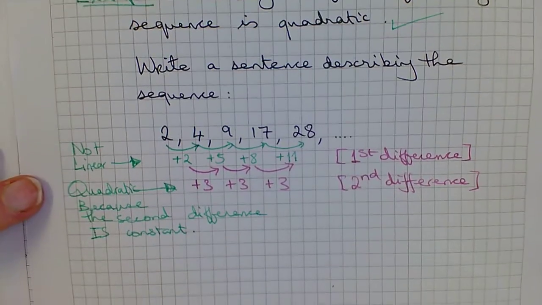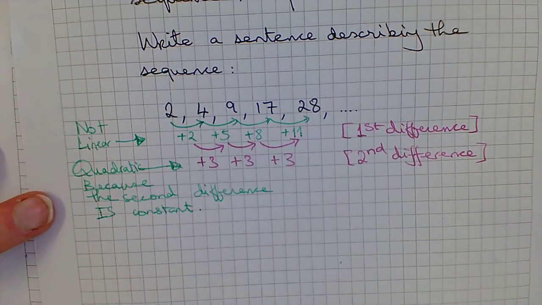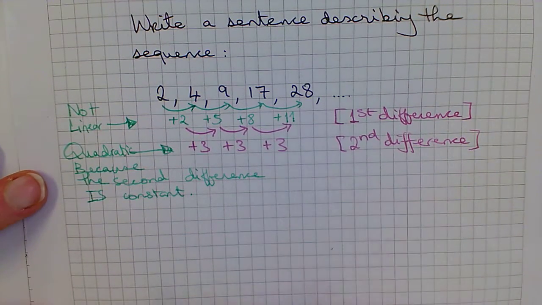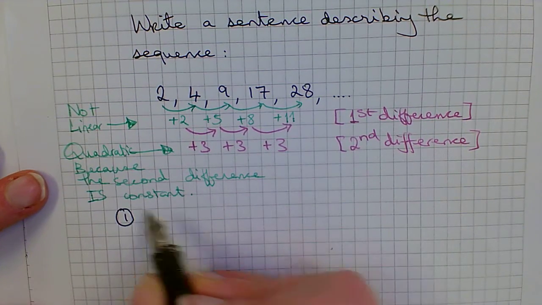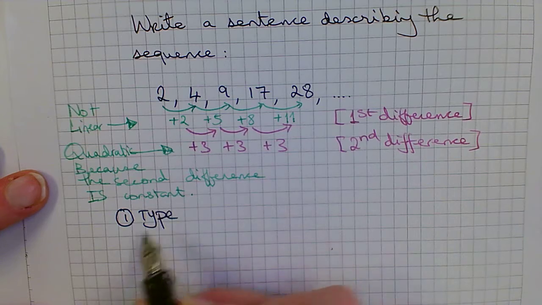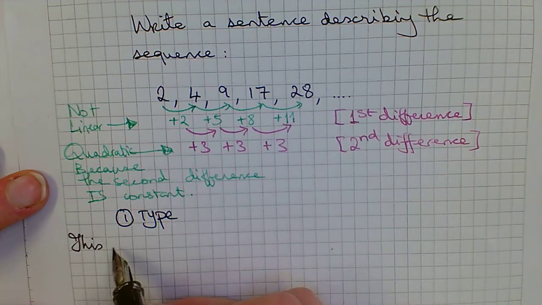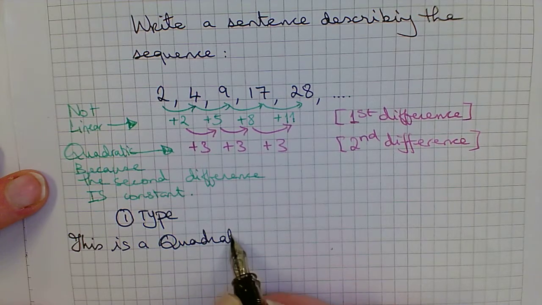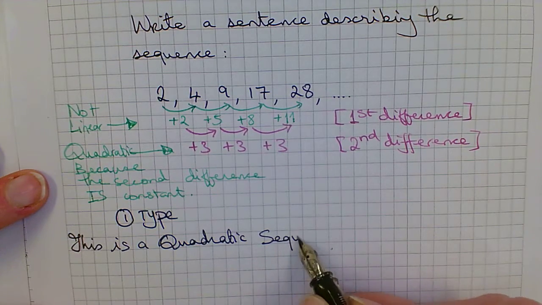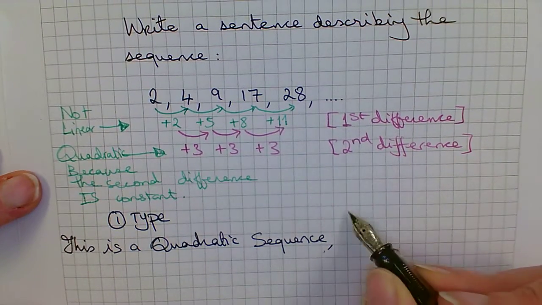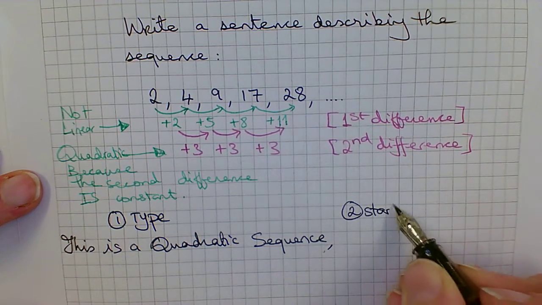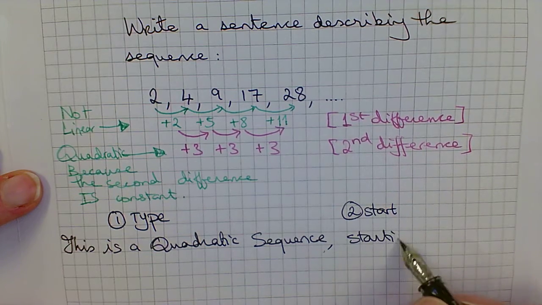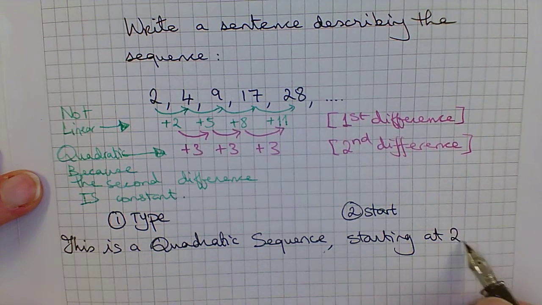Now, write a sentence describing the sequence. Remember, every time we write a sentence to describe a sequence, we need three things. We need the type: this is a quadratic sequence. We need the start. Always write down the start term, so the start term is 2, starting at 2.